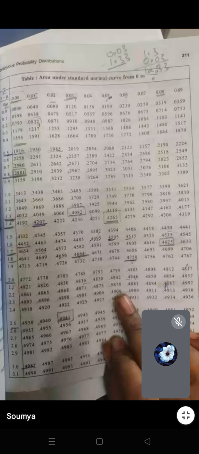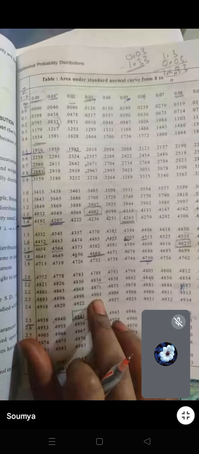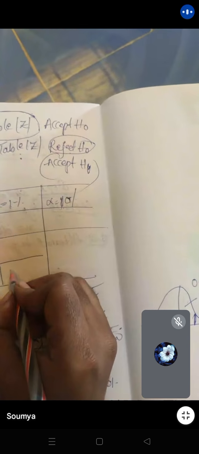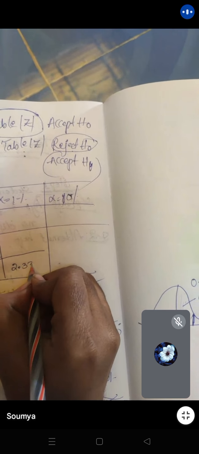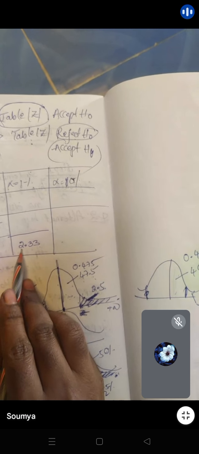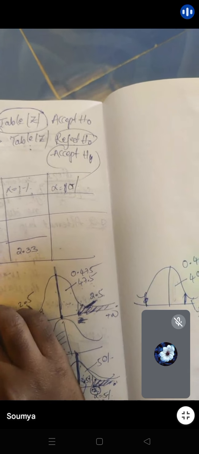What is the starting one here? 2.33, ma'am. Yes, 2.33. So this is the value of Z for right tail.